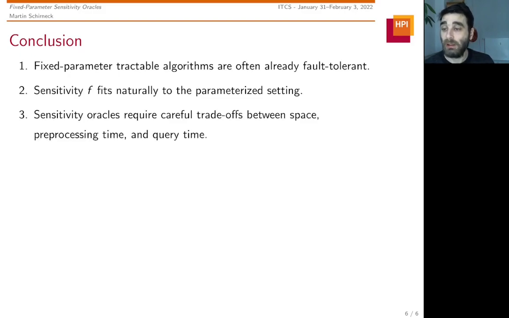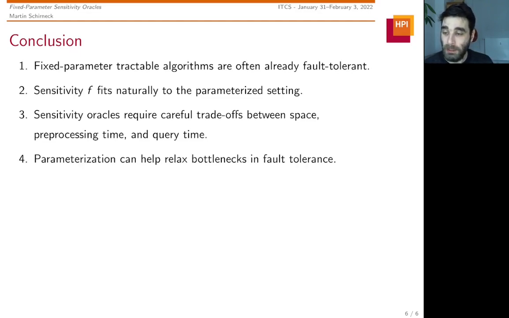But still, we have to make careful trade-offs between space, preprocessing time, and query time to obtain sensible solutions. But we also think that parameterization can help relax some bottlenecks in classical fault-tolerant problems. So we hope to continue this direction further.